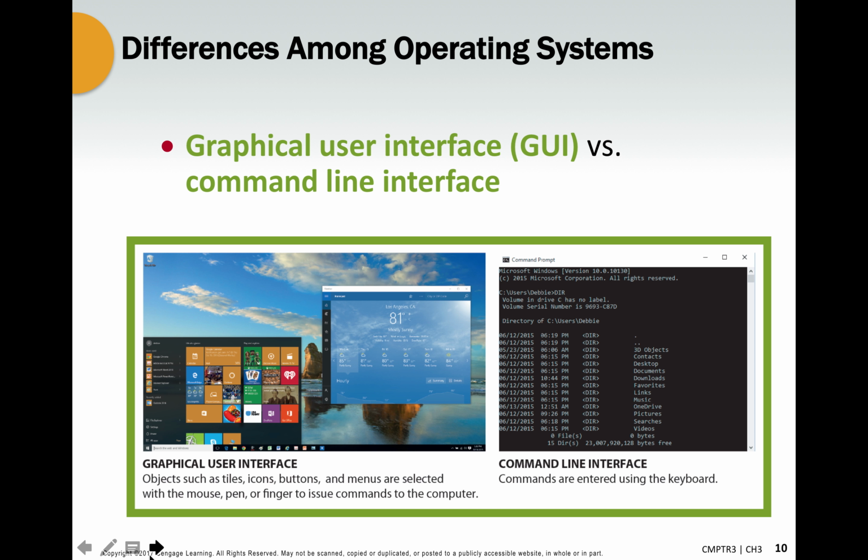Obviously, we all use the graphical user interface whenever our computer is open. If we ever need to do some more tech-savvy stuff, then we'll use command prompts. And you have to have a little bit of knowledge of what you're doing in that particular system for it to work.